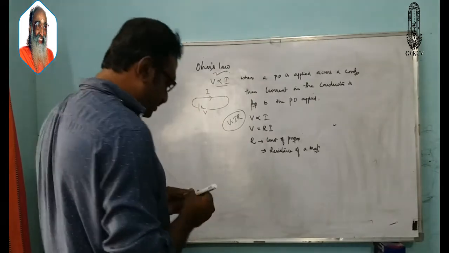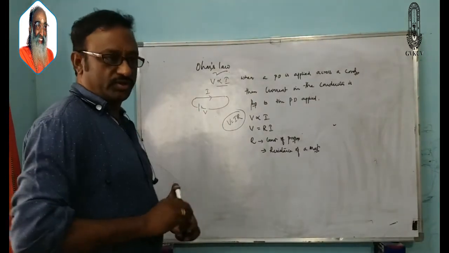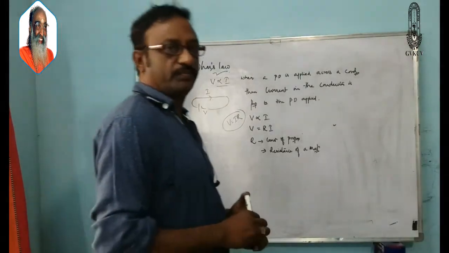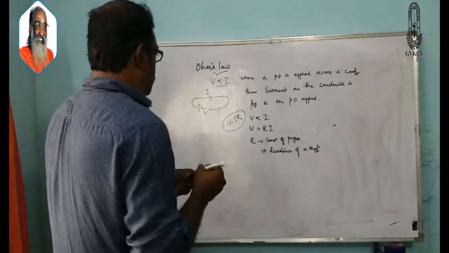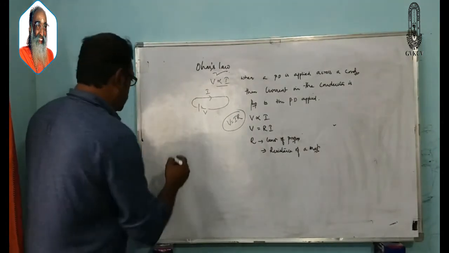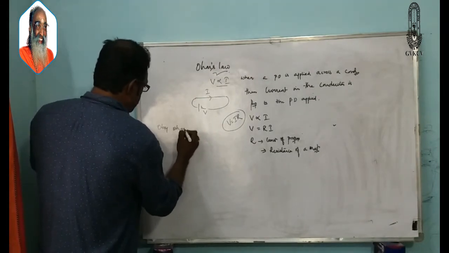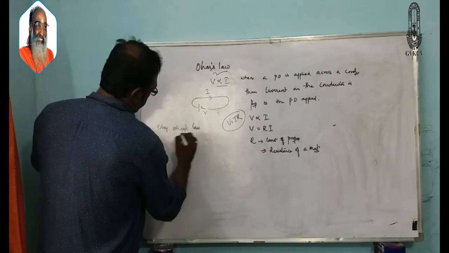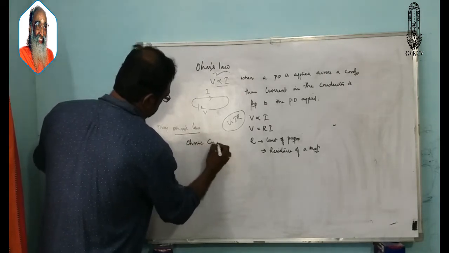After understanding this, we'll talk about the materials which obey Ohm's law and some materials which do not obey Ohm's law. Suppose you consider some materials which are obeying Ohm's law, they are called ohmic conductors.